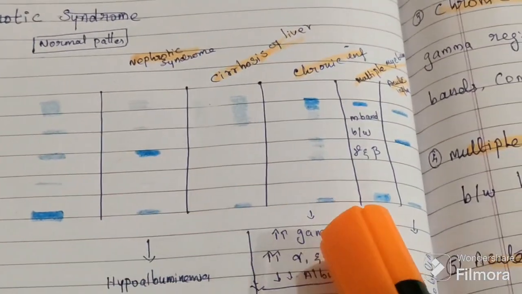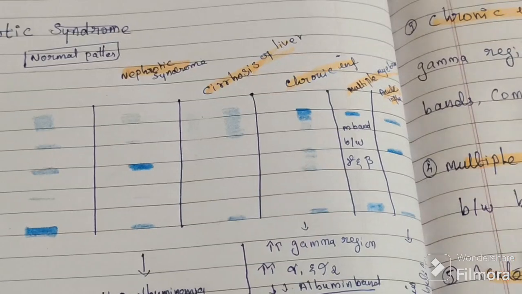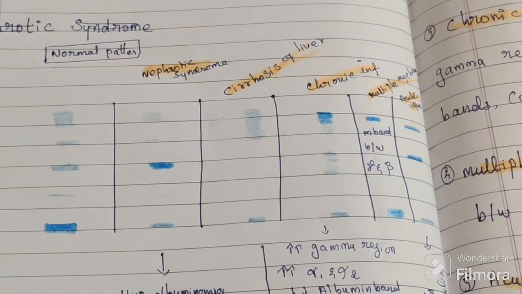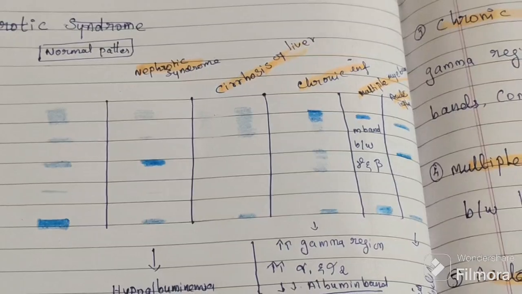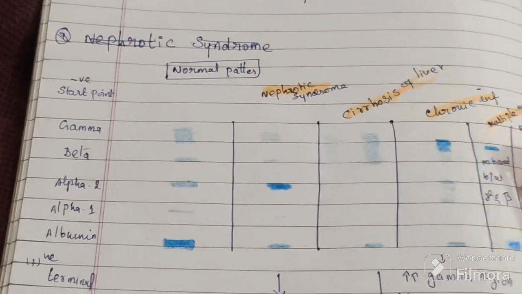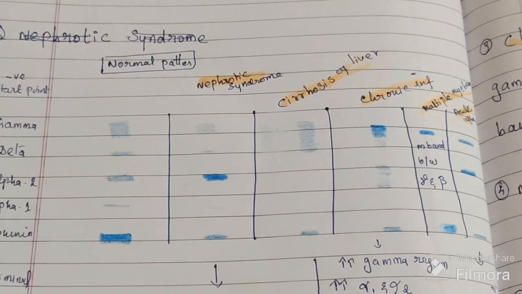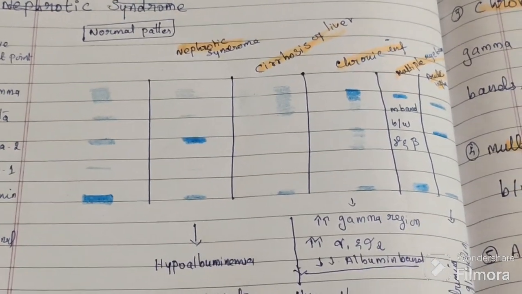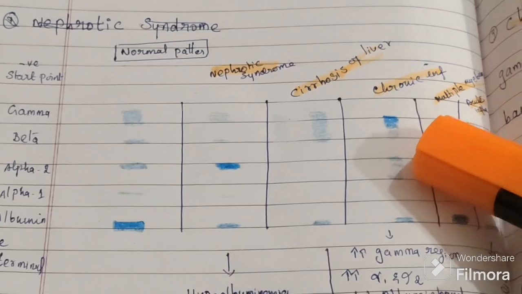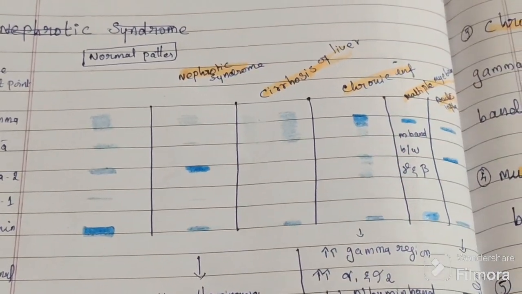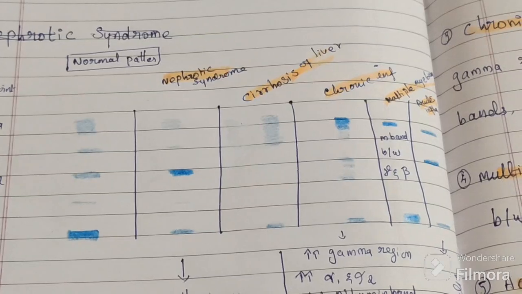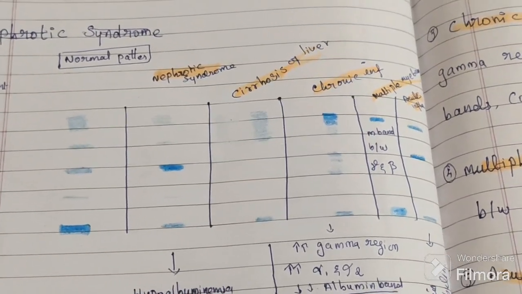This one is the normal, this one is the chronic infection. In chronic infection, there is a broad increase in the gamma region band, and a general increase in alpha 1 and alpha 2 also. So gamma, alpha 1 and alpha 2 increase, with a comparative reduction of the albumin band in the electrophoresis pattern.